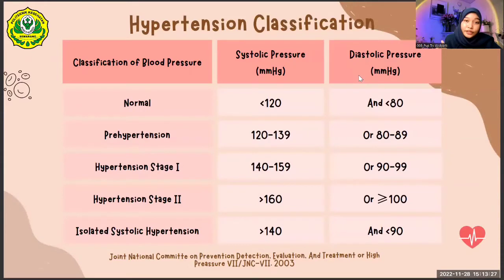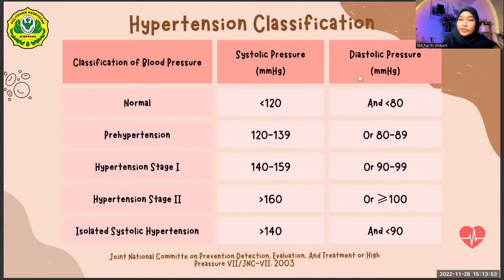And then there is a hypertension classification, and this is from the Joint National Committee on Prevention, Detection, Evaluation, and Treatment of High Blood Pressure 2003. In the classification, normal blood pressure is systolic pressure under 120 and diastolic pressure under 80.